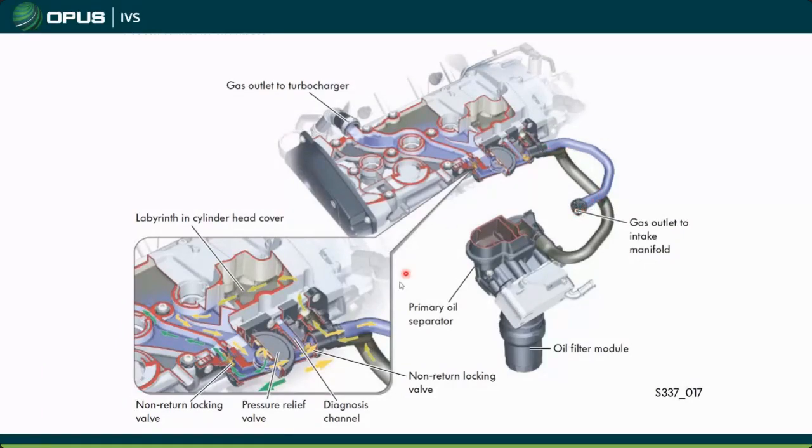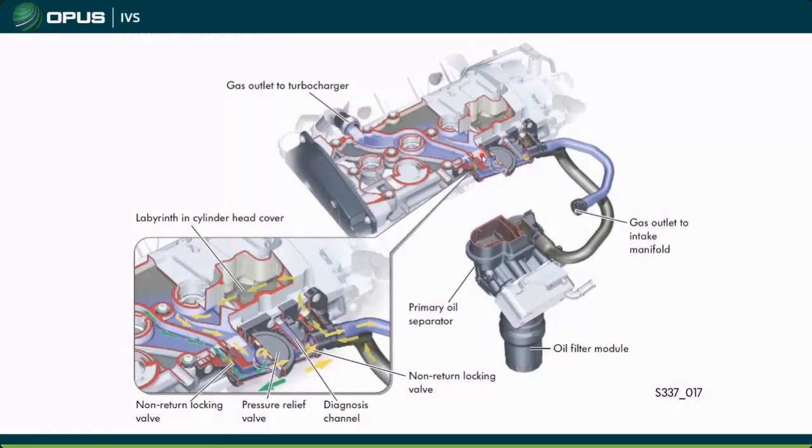And as that boost comes into here, it redirects the flow of those blow-by gases. Instead of going to the intake manifold, they now travel out of the pressure regulating valve, through a channel in the valve cover, and into this gas outlet here for the turbocharger.